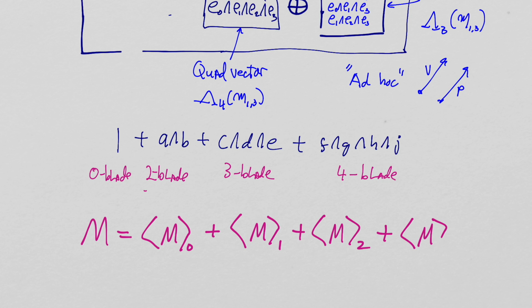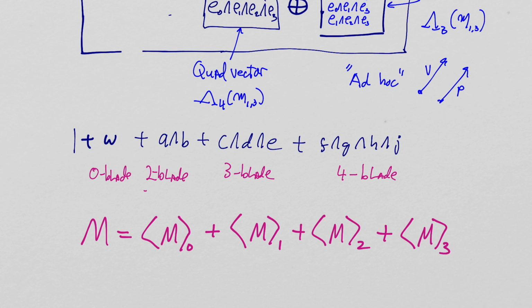So this is the notation that we use. Oh, I forgot the 1 blade up here, didn't I? Look at that. So hold on, I move that over. And I add a 1 blade part, which would be say the vector W, right?